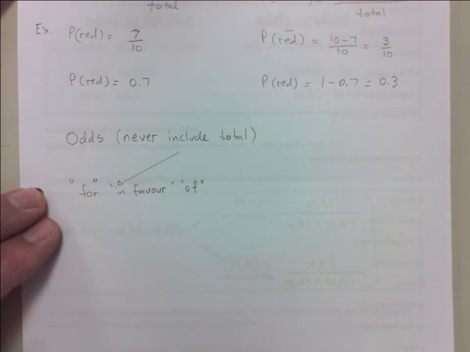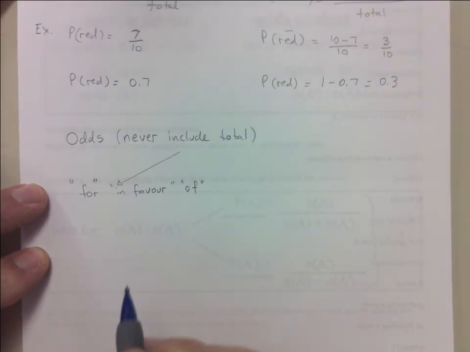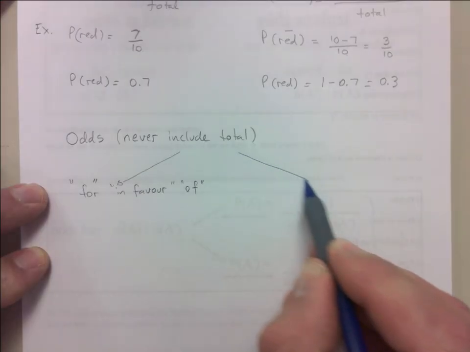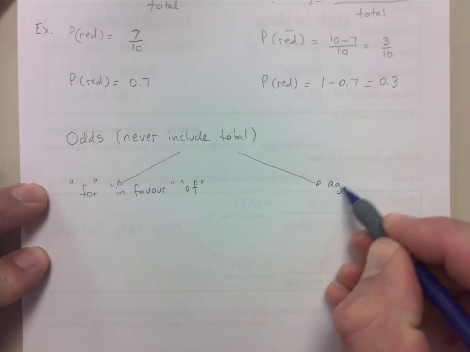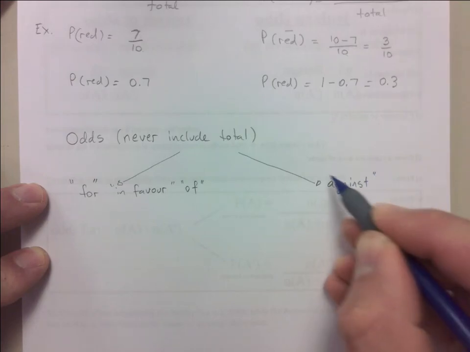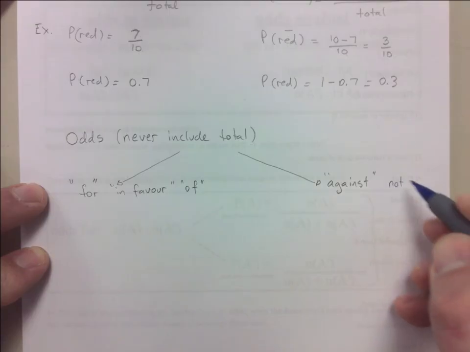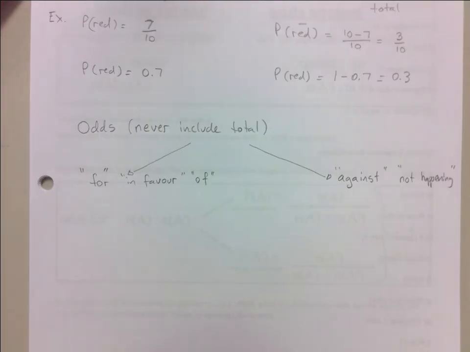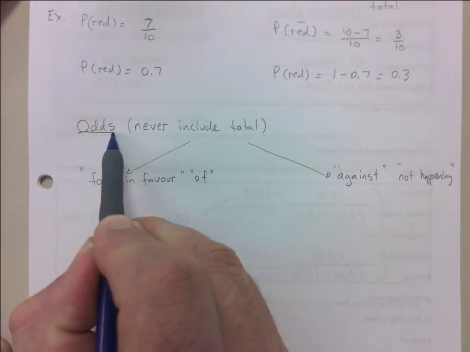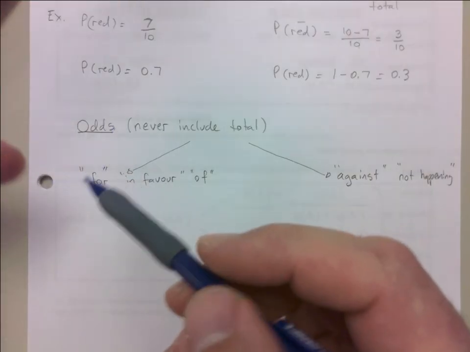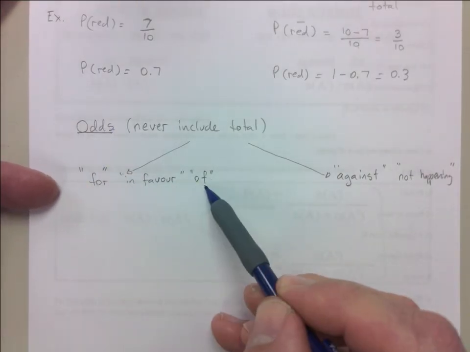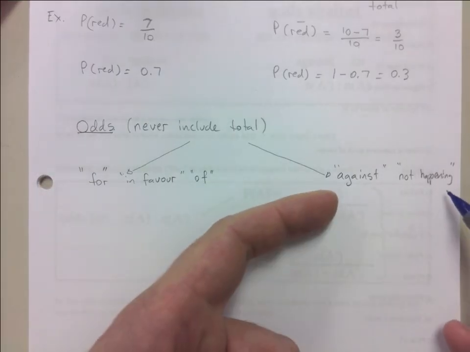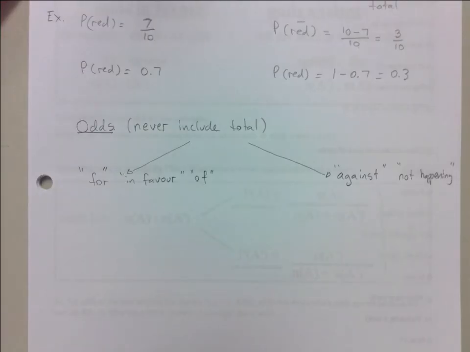All of these variations mean in favor, or odds of winning, that's in favor, if it's just of. And then the other option is against, not happening. Okay, that's the other option. So every time odds are mentioned, it should be followed by an indication that this is odds in favor or odds against, okay? So keep that in mind.